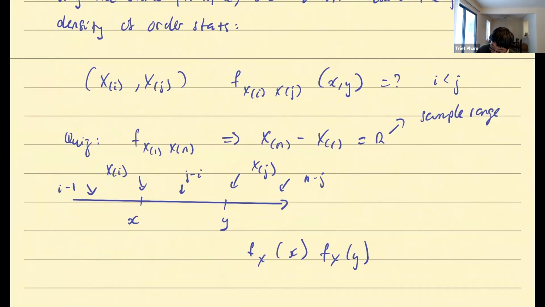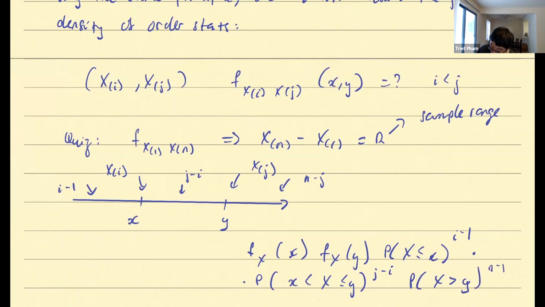You write down the probability that you are less than x, raised to the i minus 1, times the probability that you are between x and y, raised to j minus i, and the probability that you are greater than y, raised to the n minus j. I hope you see that that's just describing exactly what I'm saying here.